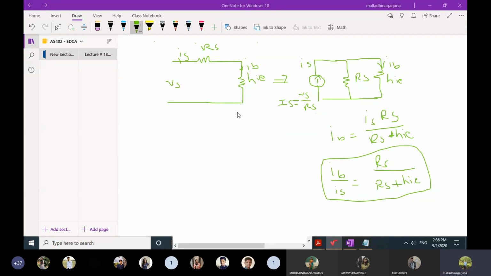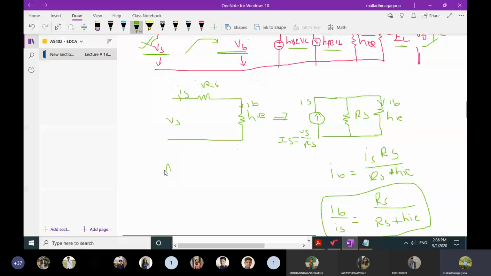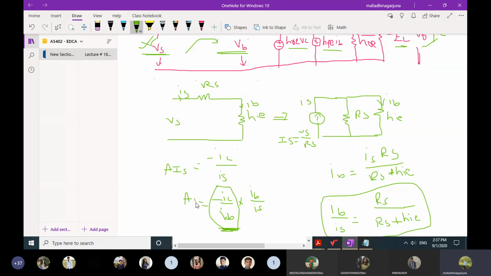Okay, so see the circuit diagram. This is what we are taking here, Vs and Is. We know that AIS is equal to minus Ic divided by Is. This you can split as minus Ic divided by Ib into Ib divided by Is. This portion is AI, which we already calculated, and Ib by Is we need to calculate.